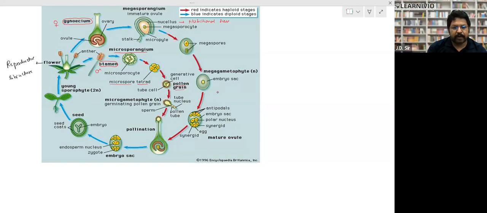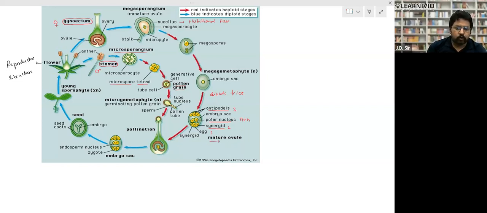Further, this embryo sac will divide 3 times, and formation of 8 cells takes place. At this end there are 3 antipodal cells, 2 polar nuclei, and 2 synergids, and 1 egg cell.